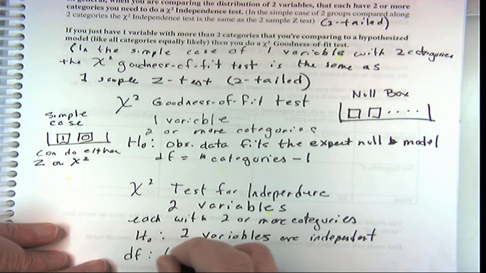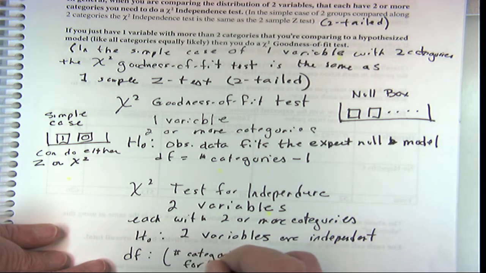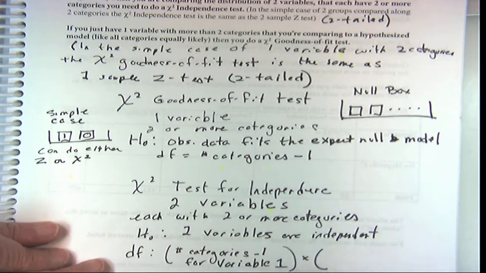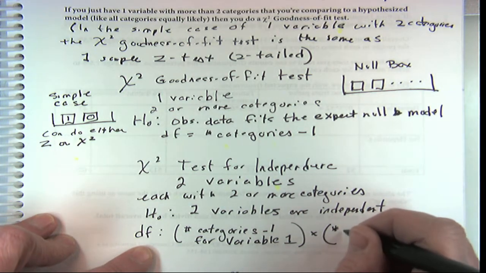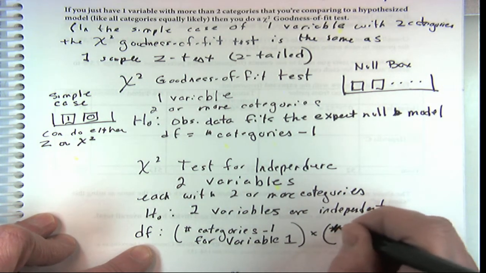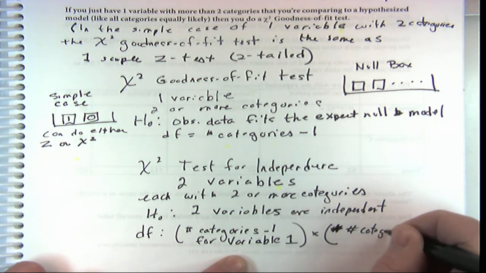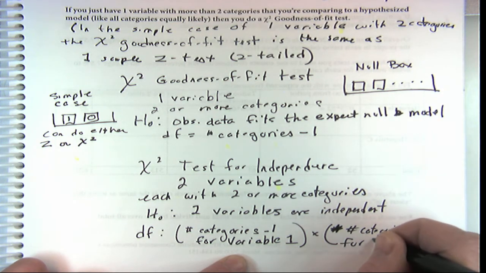Here it's going to be the number of categories minus 1 for the first variable, times the number of categories minus 1 for the second variable.